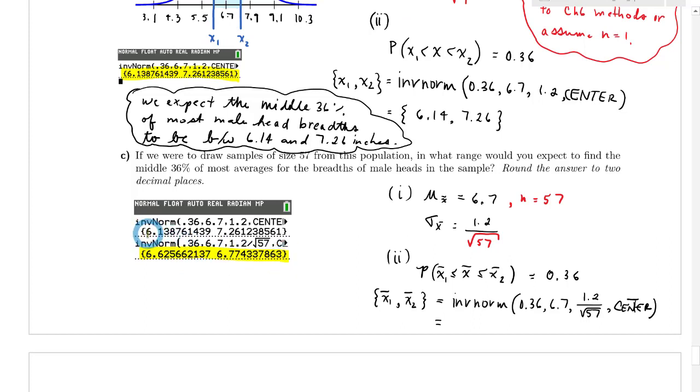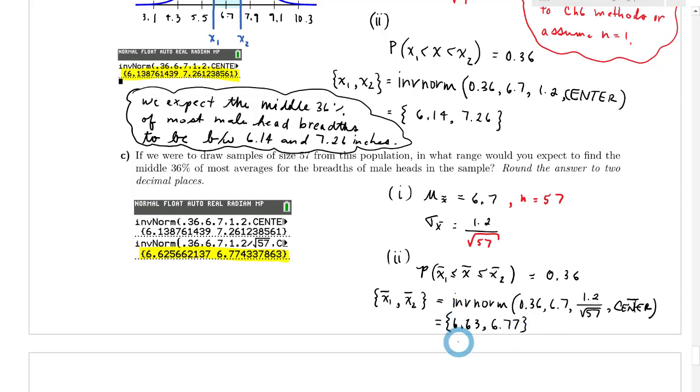So the bounds before with just one sample was 6.14 and 7.26, and those were just inches of head breadths. Whereas now our bounds are 6.63 and 6.77, and these are sample means.